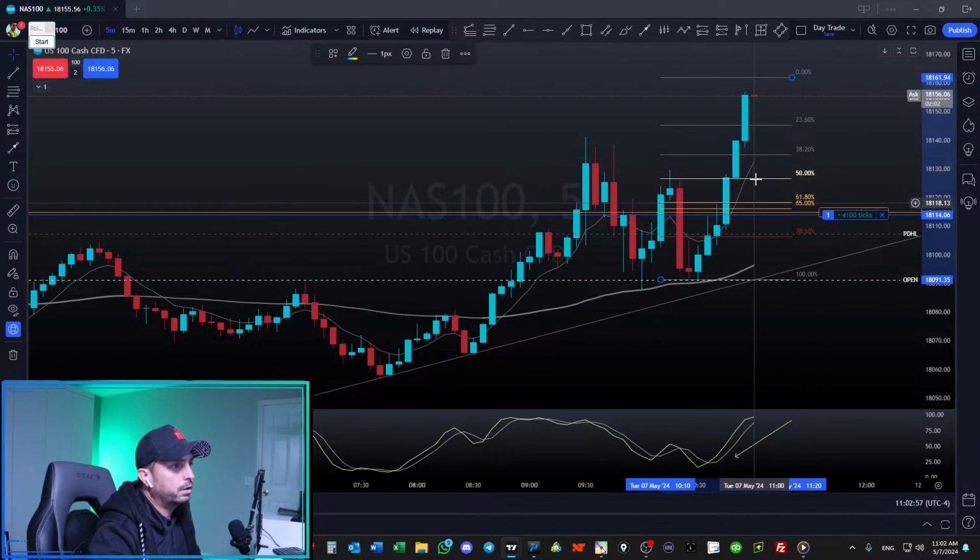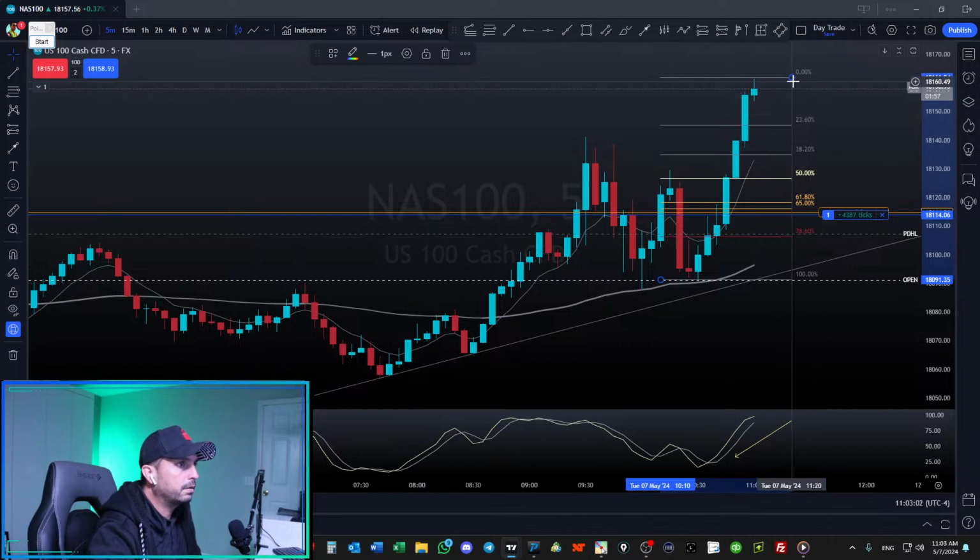That would be somewhere around there to 50. If it comes deep, then it might take us out.